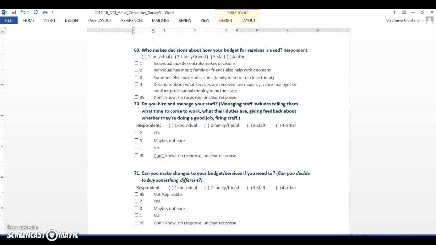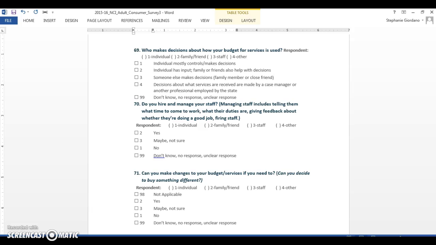So we go on to ask the person, again, only if they are making decisions about their budget for services, who makes decisions about how the budget for services is used? The response options here are that the individual mostly controls or makes decisions. The individual has input, but family or friends also help.